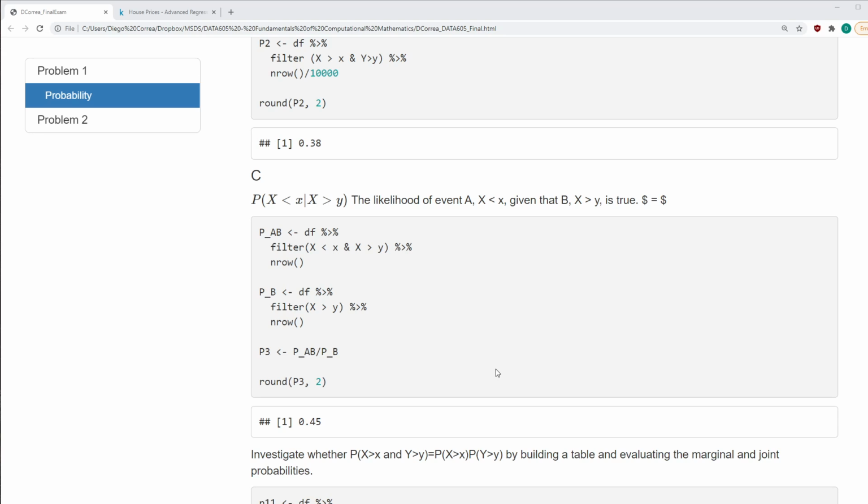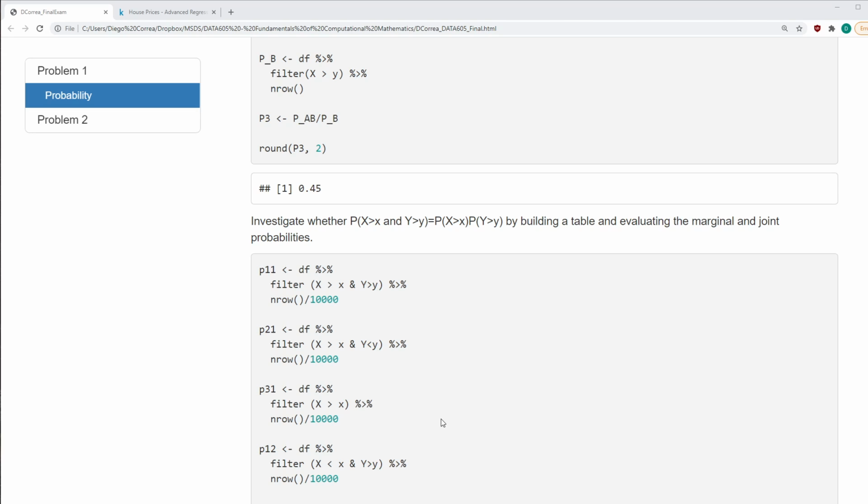Next, I get the probability of B, which is the rows where x is greater than the first quartile of y, and I count rows, and after I can divide the probability of AB divided by B, and I round that answer to 2 decimal places, and I get 0.45.